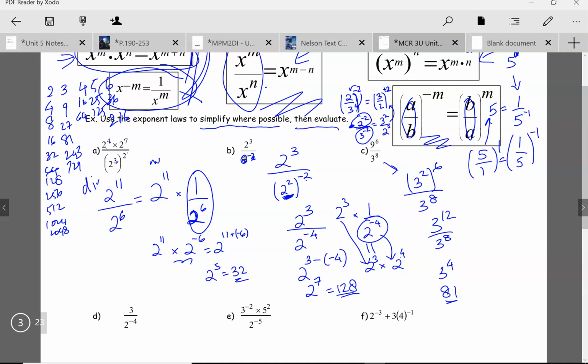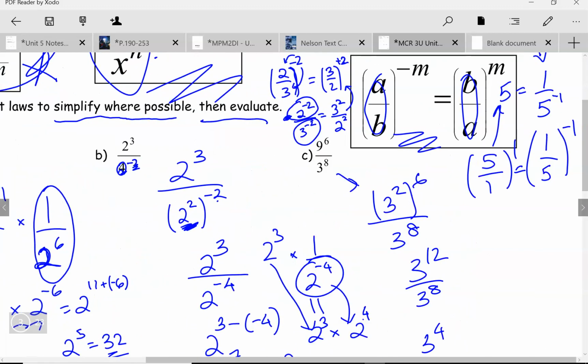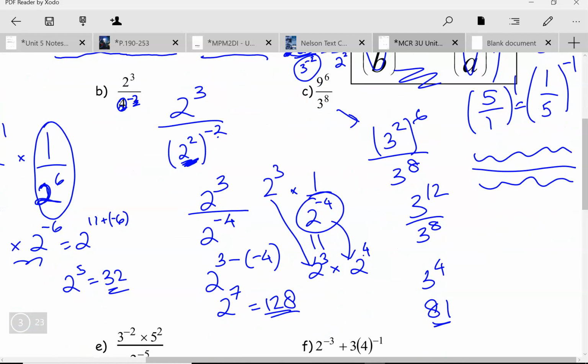So, could you have just put 9 to the power of 6 in your calculator, got some big number, put 3 to the power of 8 in your calculator, got some big number, divided the two numbers, and got 81? You could have, but that will only give you like half a mark on a long answer question. Because most of the marks are going to come from the simplification part, which is you using the exponent laws to simplify to this.